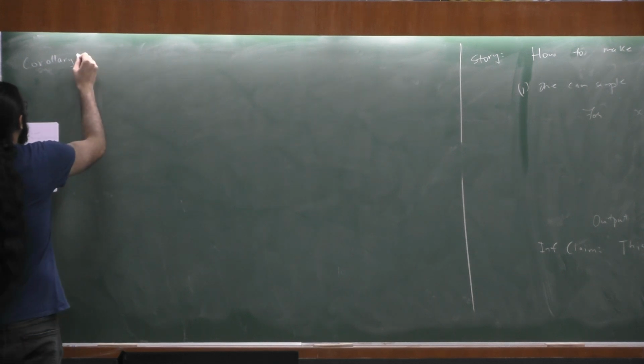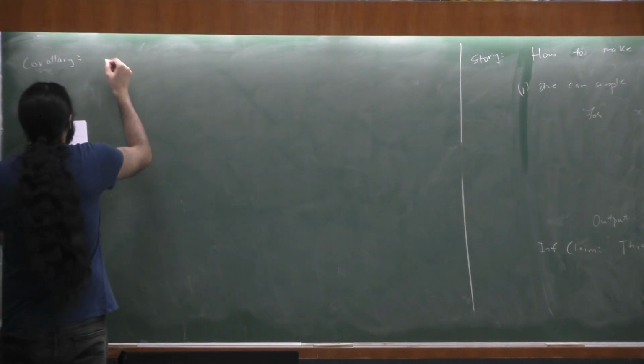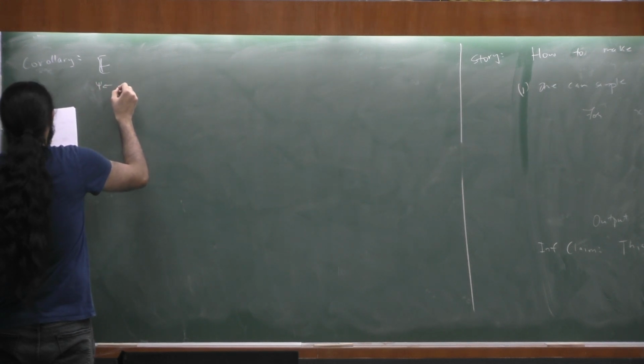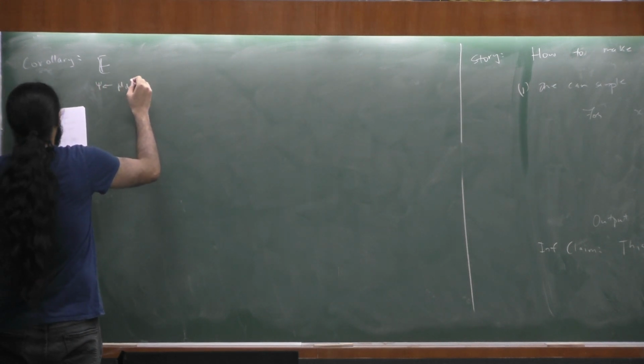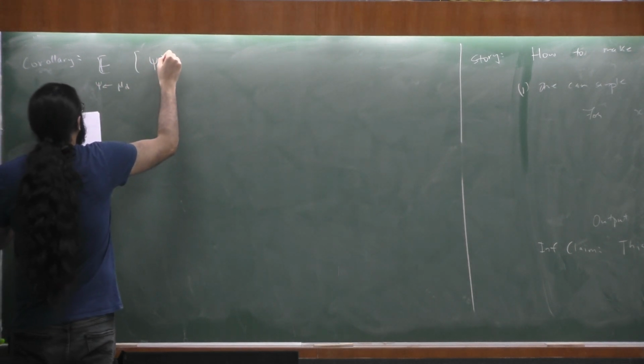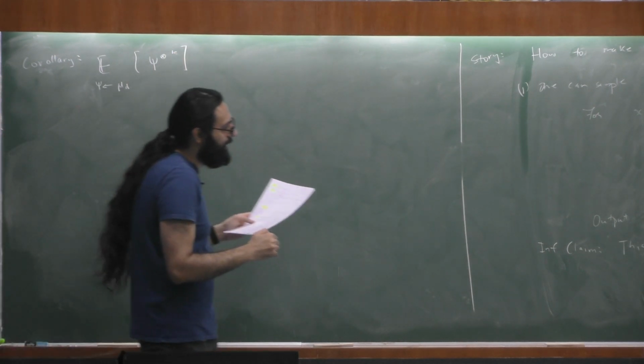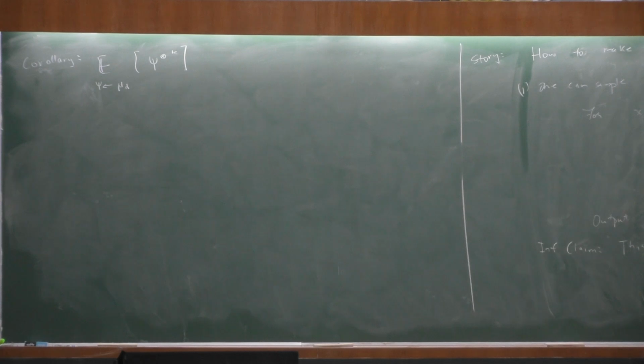Okay. And apparently from these two claims one can deduce the following: the expectation of psi tensor k. So basically you can take O to be psi, right?